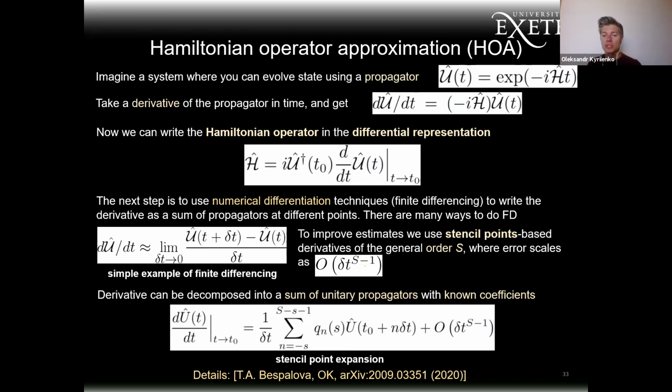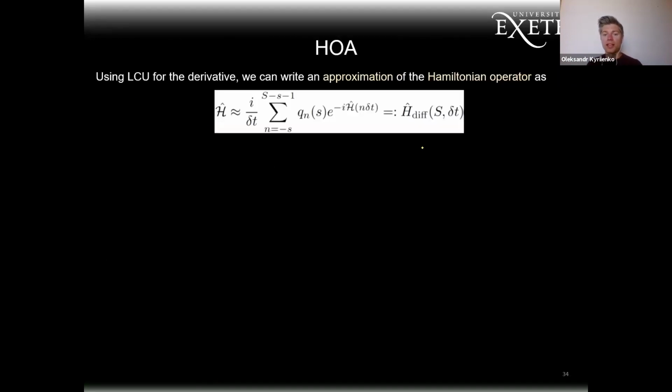So we introduce the stencil points, and we say the derivative is a combination of unitary operators evaluated at stencil points times some coefficients. If I multiply everything back, I can see it's the same LCU as we had before: some Hamiltonian evolution with some numbers in front. I will call it HDiff, a differential representation of the Hamiltonian.